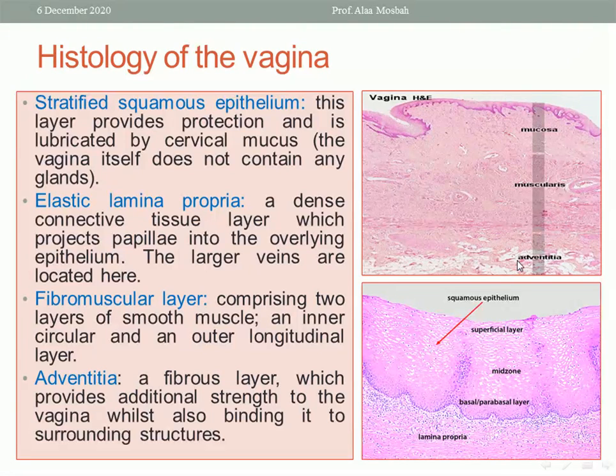Lastly, the adventitia, the fibrous layer which provides additional strength to the vagina while also binding it to surrounding structures. So we have the vaginal mucosa or skin, then the lamina propria, then the muscular layer, inner circular and outer longitudinal, then the adventitia.